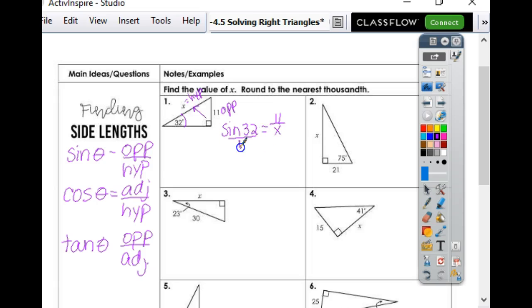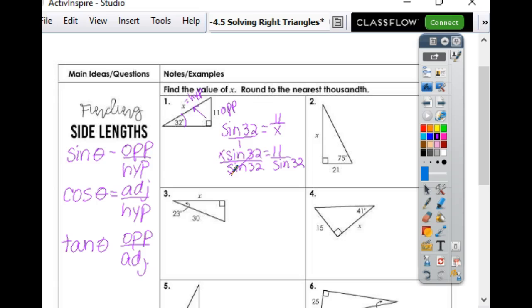And I'm going to put a 1 under here, and I'm going to cross multiply. And so how do I get the x by itself? We divide by the sine of 32.